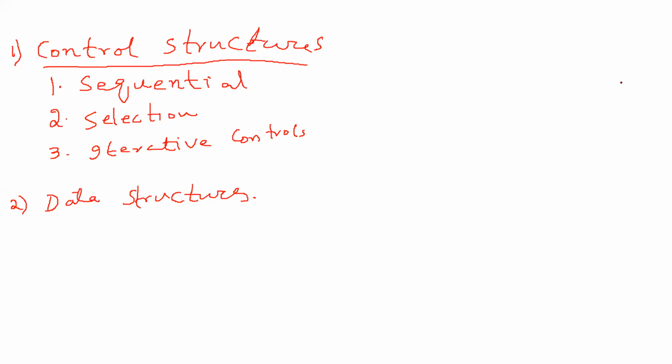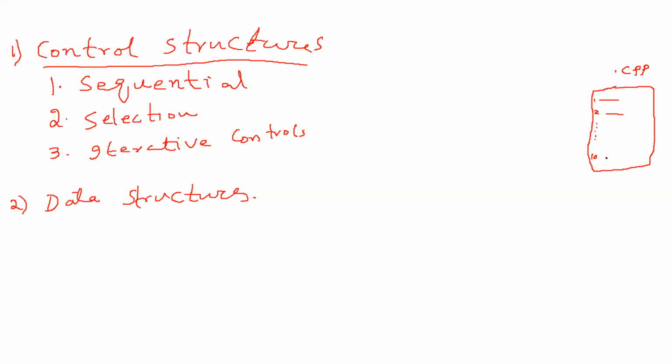So what the control structures are, suppose we have a source program here. This is my CPP program, a C++ file. And I have some lines of code here. Suppose line number 1, line number 2, and so on, line number 10.